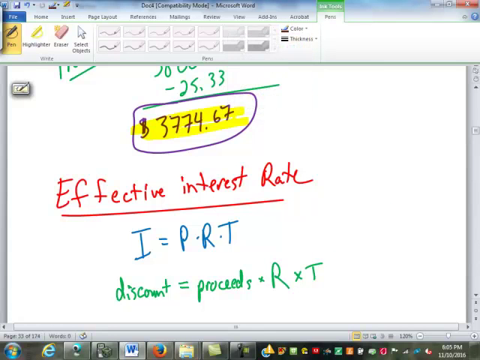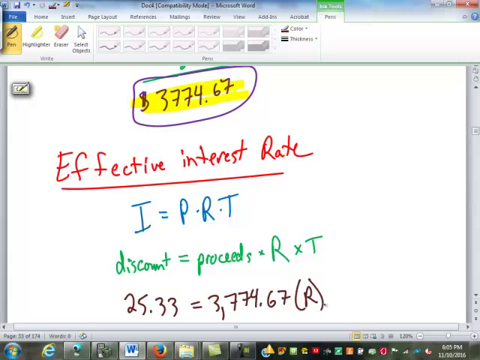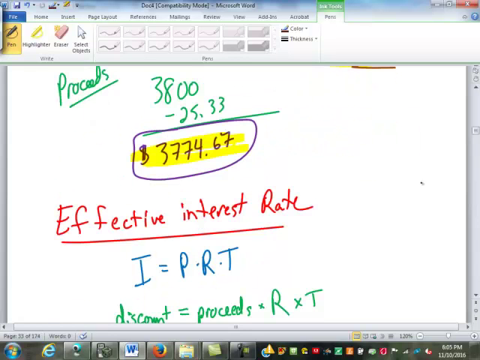So for this particular note, the amount of the discount was $25.33. The amount of the proceeds was $3,774.67. The rate is what we are looking for. Our time was 30 days, 30 out of 360.